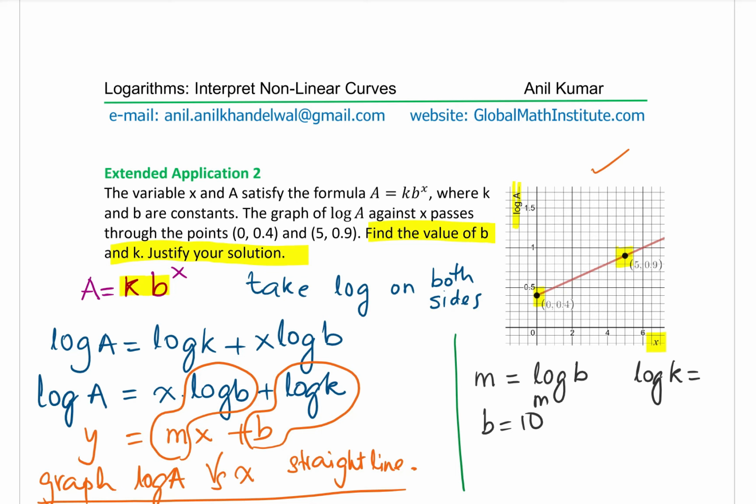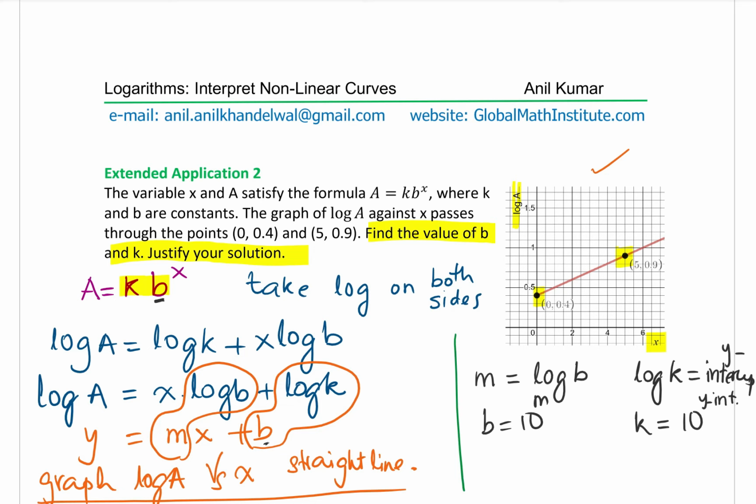Which is the other b, right? So I should say y-intercept. So k is 10 to the power of the y-intercept. Let me write y-intercept, otherwise you'll get confused with the two b's which we are using. One b is a part of the equation, the other one is the y-intercept.